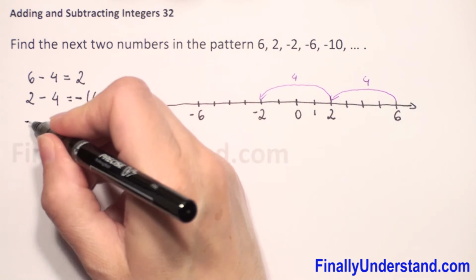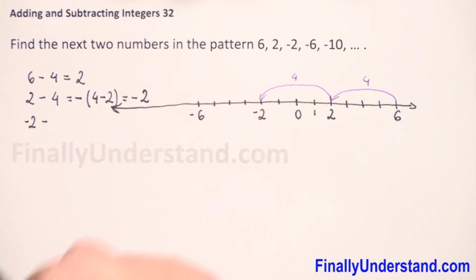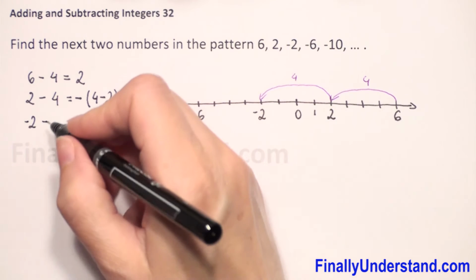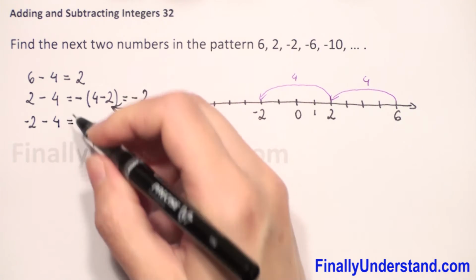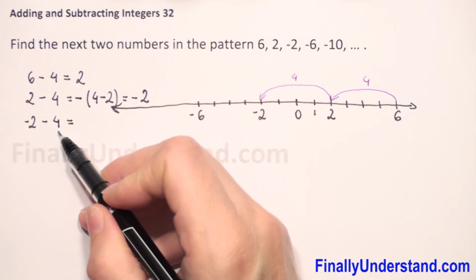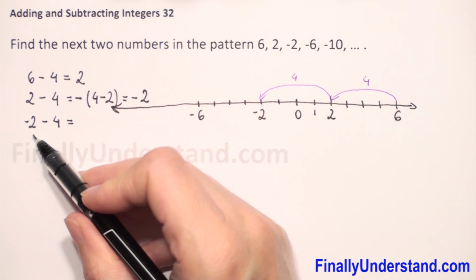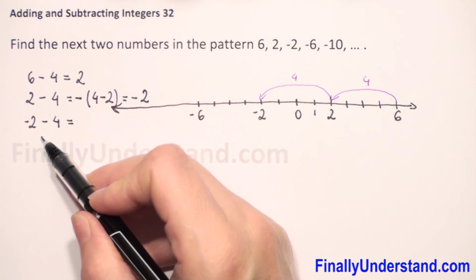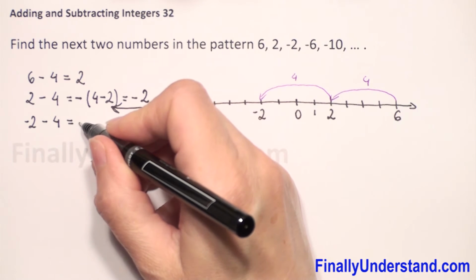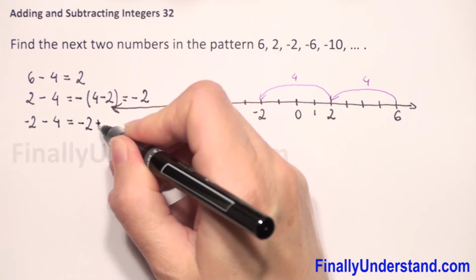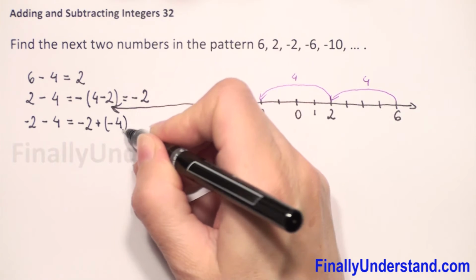So let's do subtraction again. Next, from negative 2 we have to subtract 4 again. Negative 2 minus 4. When we have subtraction, we can rewrite this like addition of two negative numbers. We have negative 2 plus negative 4.